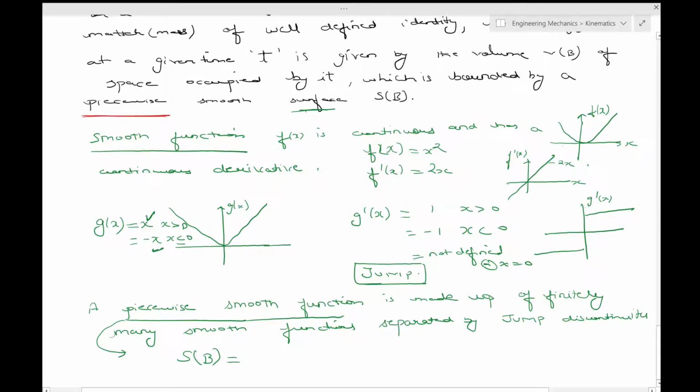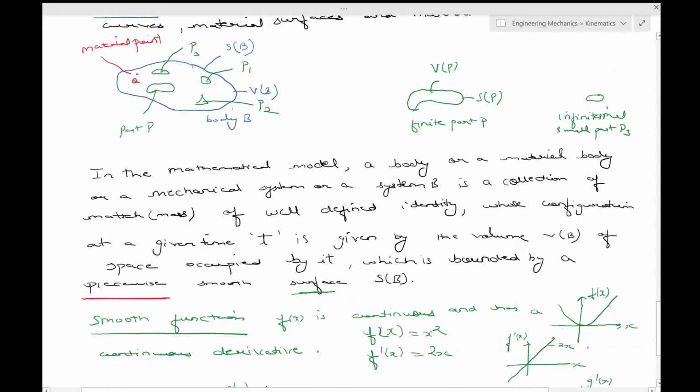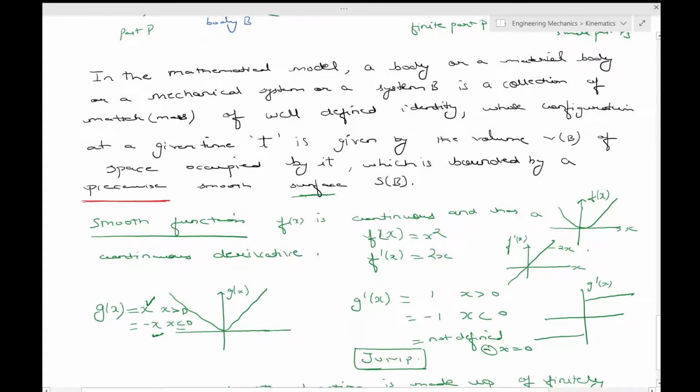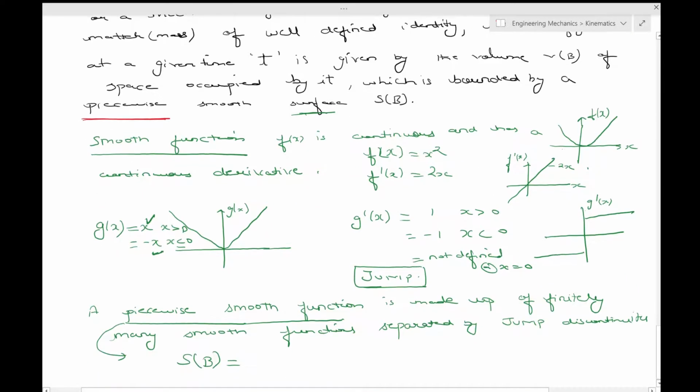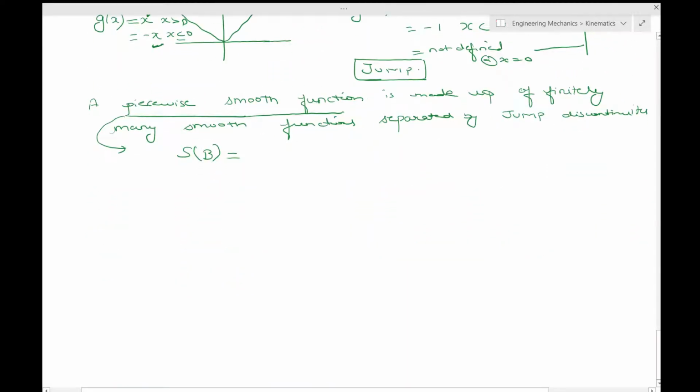They must be at least piecewise smooth surfaces. So that's the mathematical definition of a continuum, that this S of B must be piecewise smooth. Then we move to the last defined entity, sorry, not the axioms.